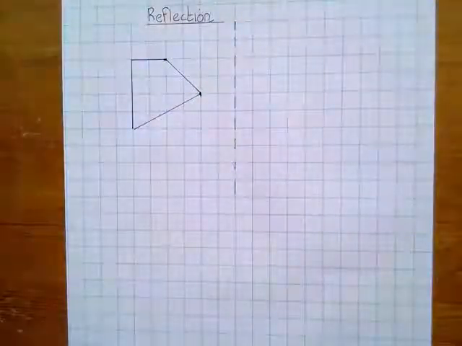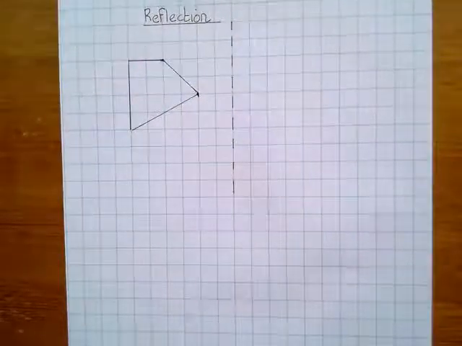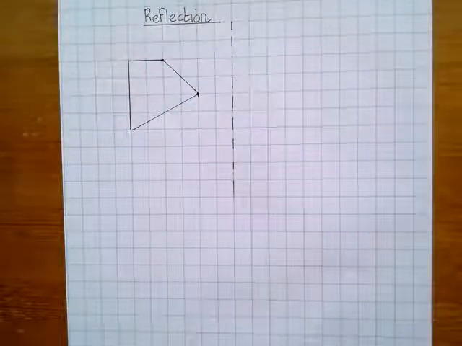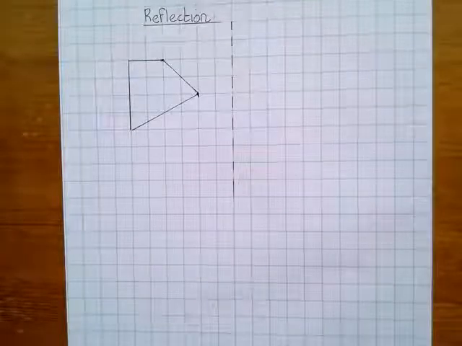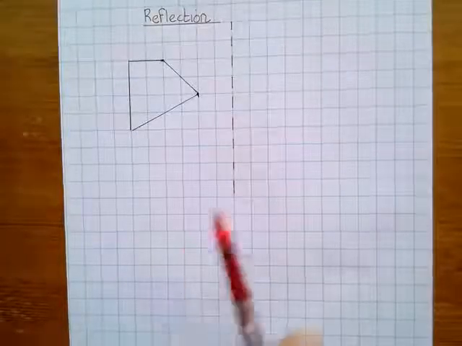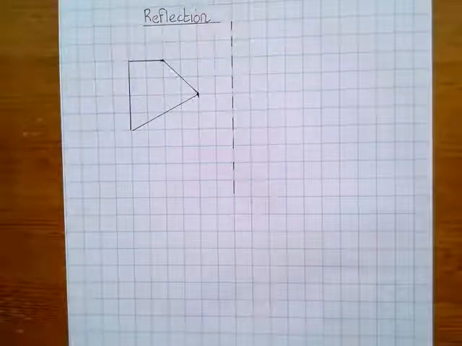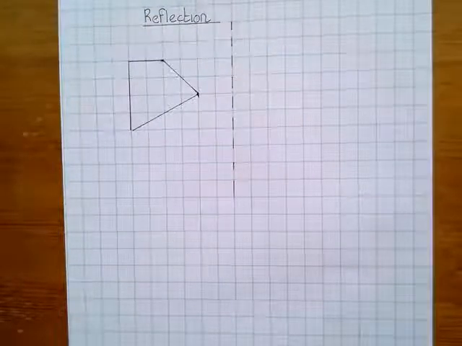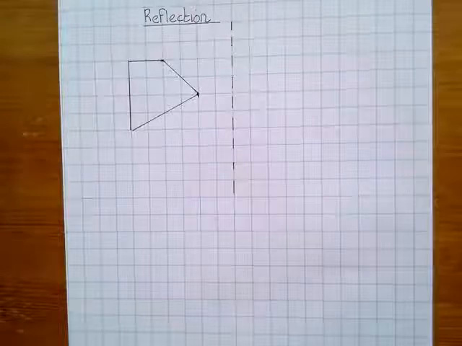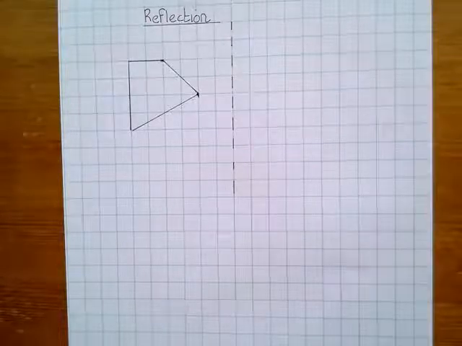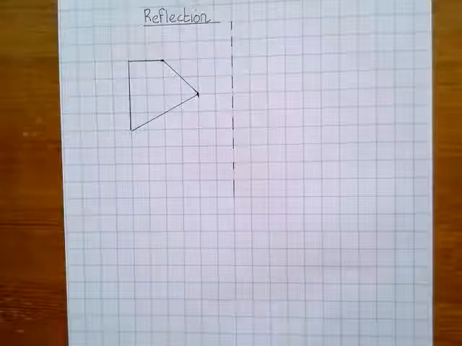There we go. Now, when I reflect the shape, it will appear on the other side of the mirror line. And just like I said earlier, when you look in a mirror, you will be the same distance in the mirror as you are away from the mirror on your side, and it's the same with these shapes.